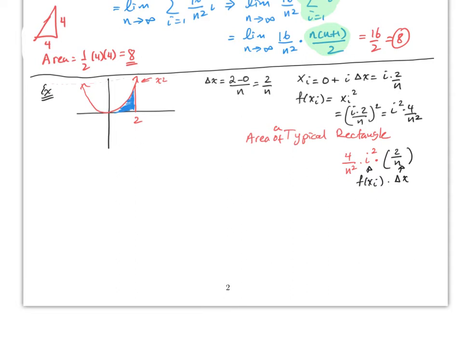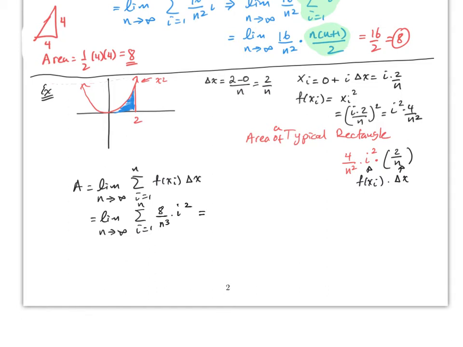Again, we're using the exact same formula, where the area is going to be the limit as n goes to infinity of the sum from i equals 1 to n of f of xi times delta x, which is the limit as n goes to infinity of the sum from i equals 1 to n of, if you multiply this, 4 times 2 will give you 8 over n cubed times i squared.